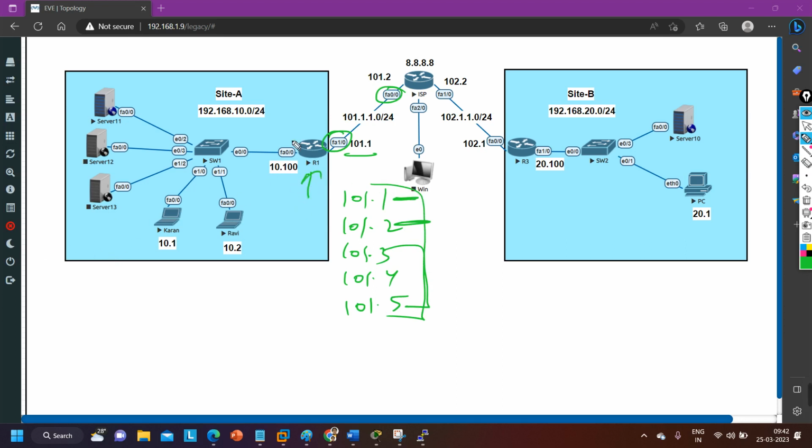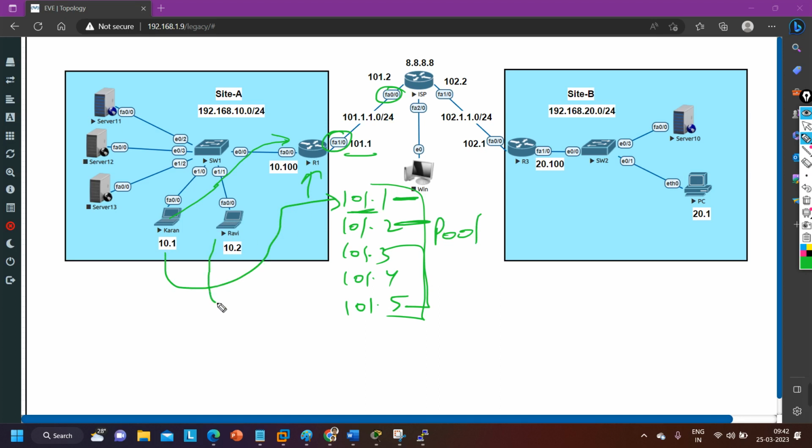NAT. So whenever this router receives a request from an outside user for the internet, suppose Karan is generating traffic for 8.8.8.8, the router will receive it and translate the private IP address into one public IP address from this pool. Suppose it has translated Karan's IP address into this public IP address.